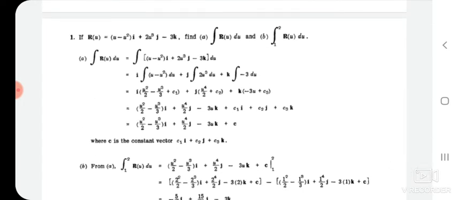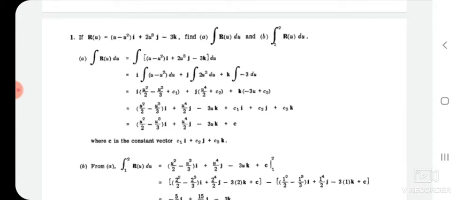If r is a function of u, equal to (u minus u square) i plus 2u cube j minus 3k, then first I want to find the integral of r(u) du. Therefore, integration of (u minus u square) i plus 2u cube j minus 3k du.